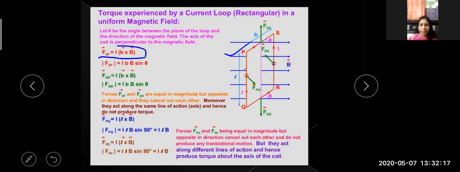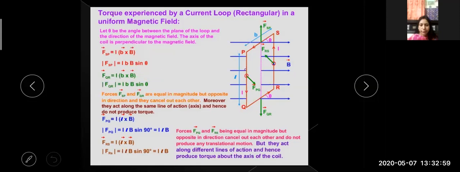So the force on arm SP is given by I L cross B, so we can write I L B sine theta, that is I b B sine theta. Okay. Now the force on arm QR is given by I b cross B, so we can write FQR equal to I b B sine theta. Forces FSP and FQR are equal in magnitude but opposite in direction, and they cancel each other, right?